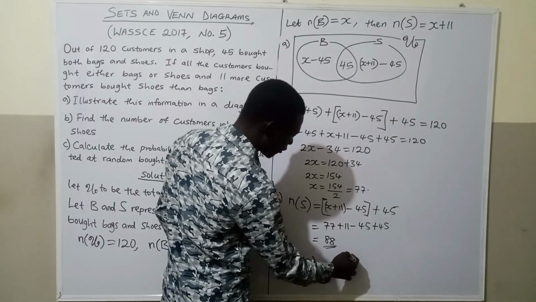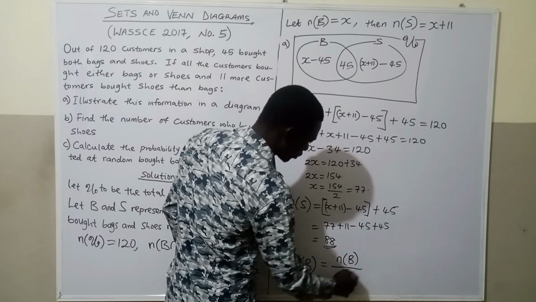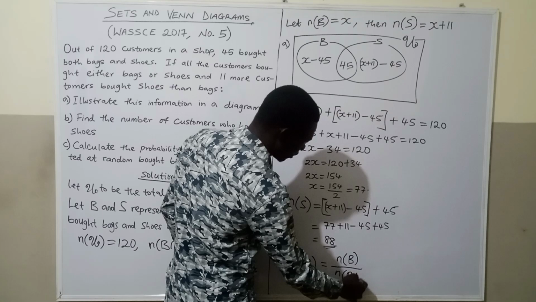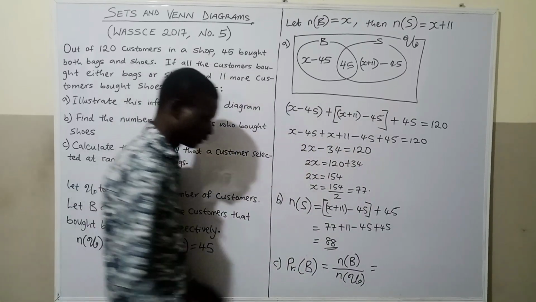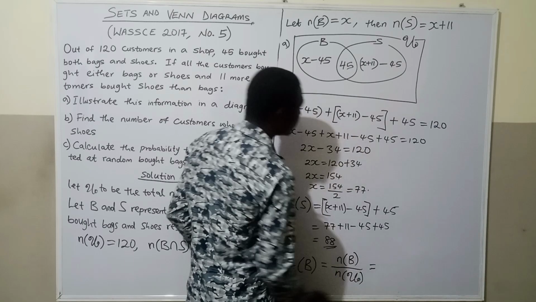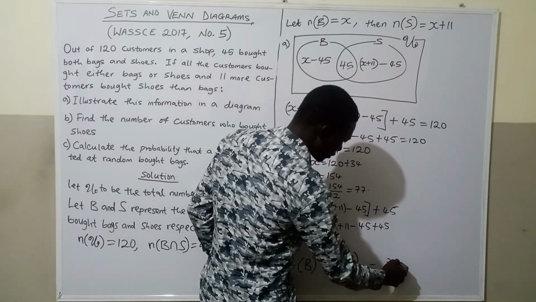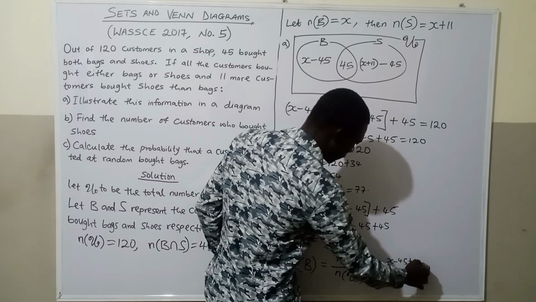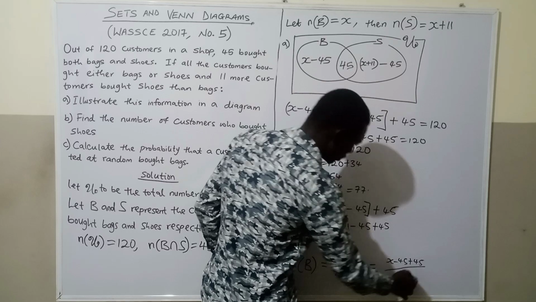That's the number of customers that bought bags generally over the total number of customers in the shop, which is the number of the universal set. So those that bought bags generally are X minus 45 plus 45, over the universal set, 120.